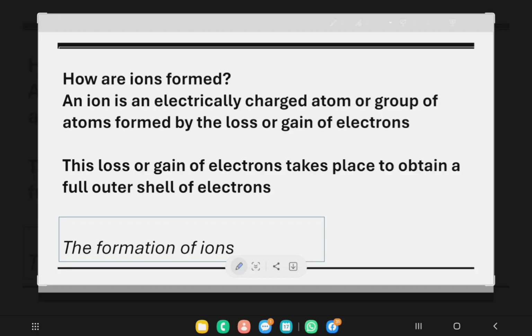It is a charged species, particles. It could be an atom, it could be a group of atoms. They are formed as a result of loss or gain of electrons or electron.